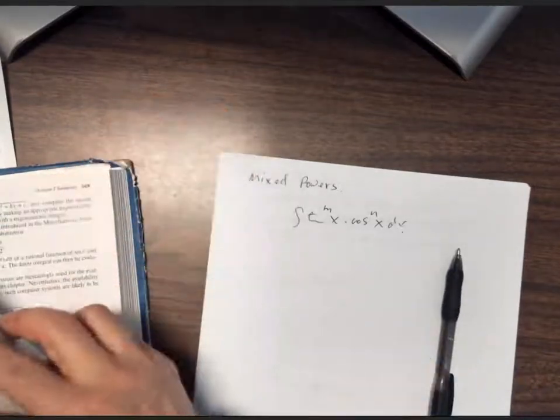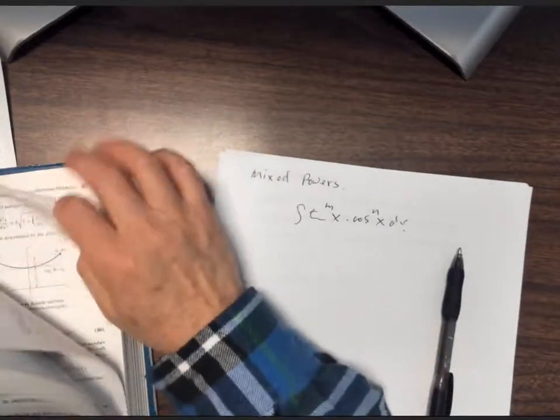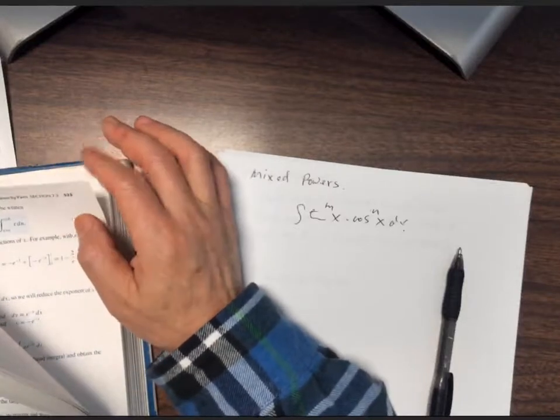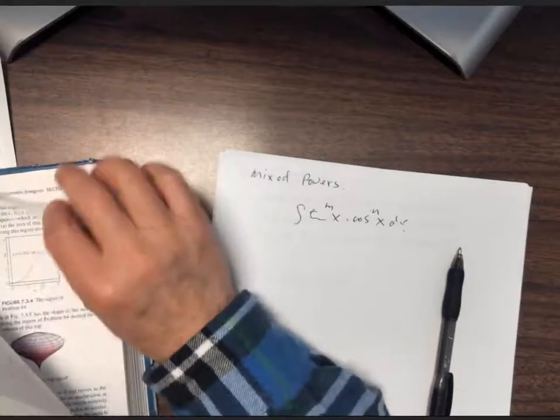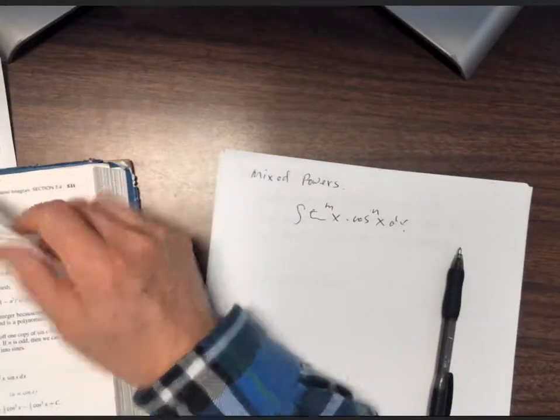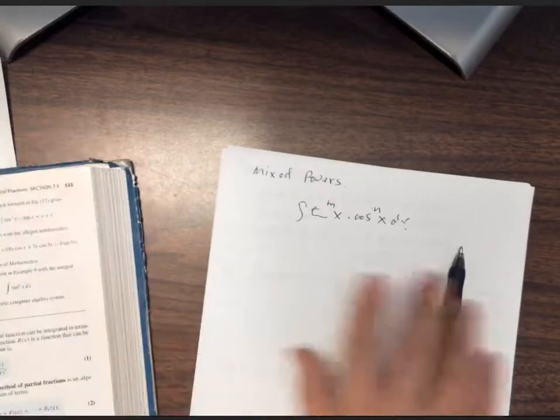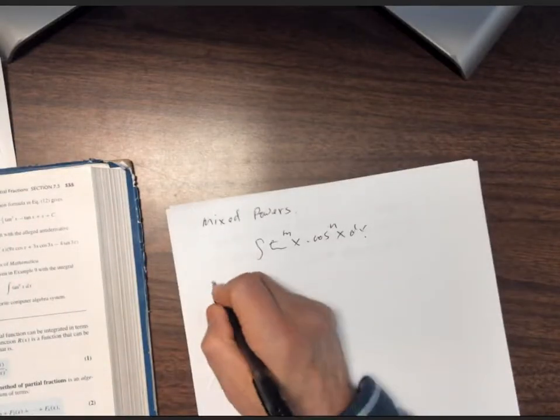Let's see one example. Now, it doesn't even have to be just a product. Could be just anything. Any expression involving just different kinds of trig. Let's see this example.